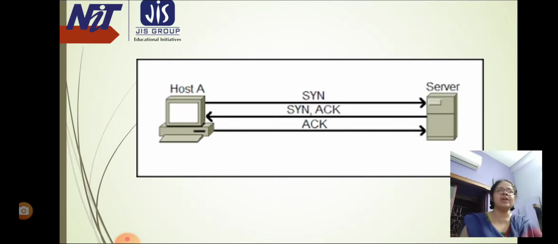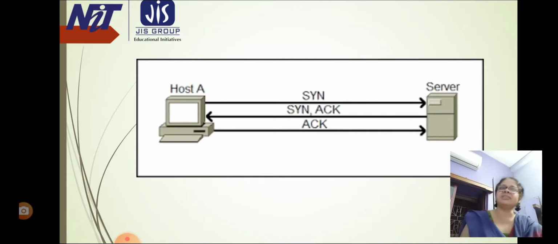The synchronization packet carries a random sequence number that the client wants to use for the communication. The objective of this packet is to ask if the server is open for a new connection.